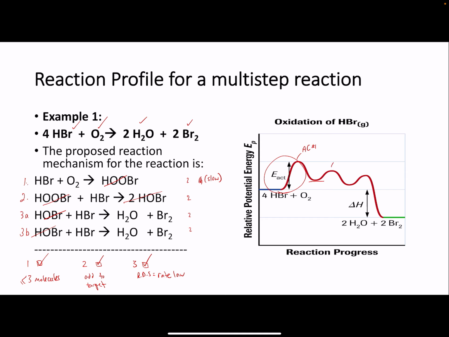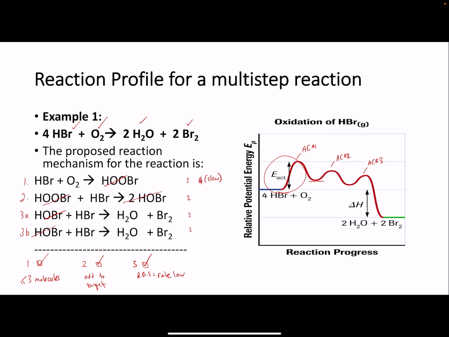And each peak represents a new activated complex. So what that means is the number of peaks tells us the number of elementary steps in the reaction. Because there's 3 here, that means there are 3 different steps. But number 3 happens twice. It doesn't change the energy profile, it just means that it happens again.